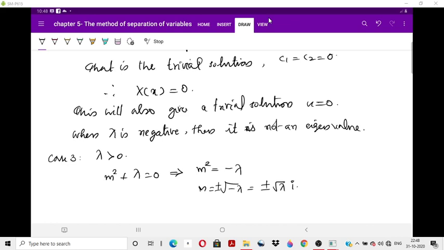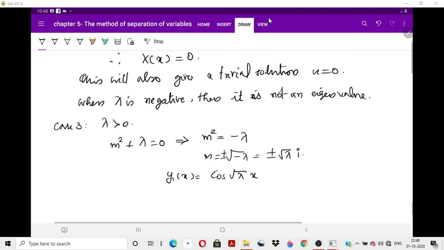Therefore, the two solutions are: y1 of x is equal to cos root lambda x, and y2 of x is sine root lambda x.